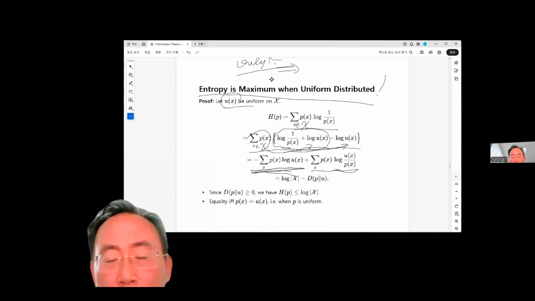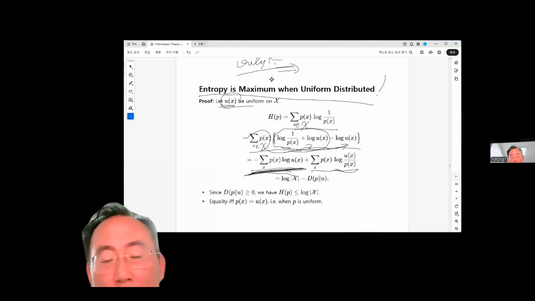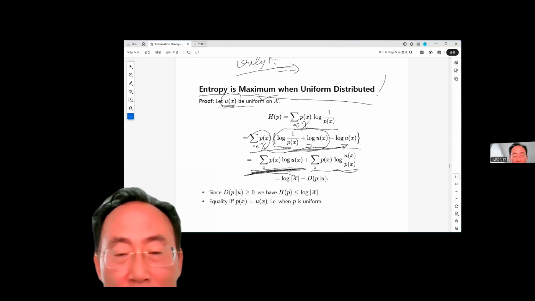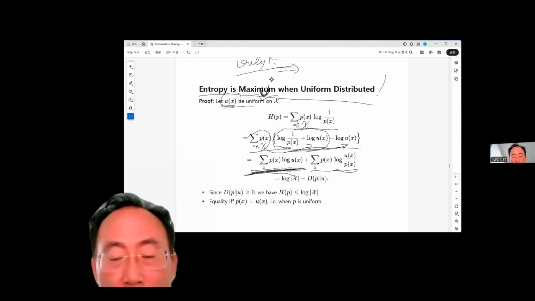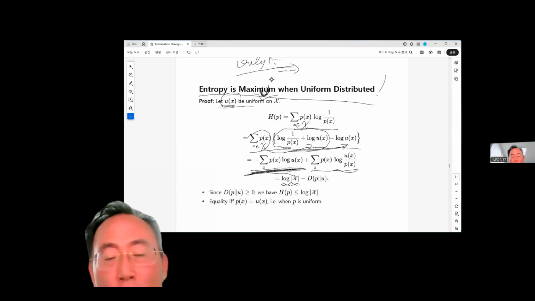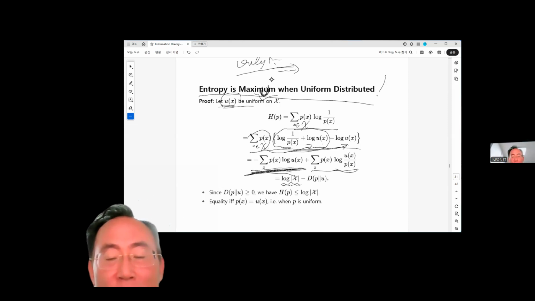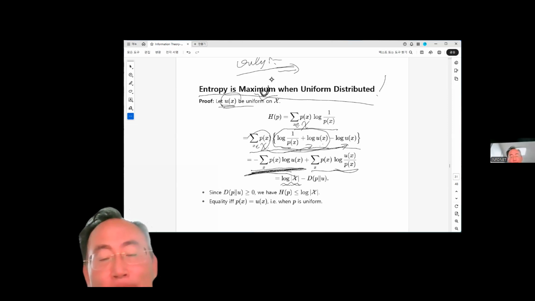What is this? U_X is uniform, so that is nothing but the entropy of the random variable U, which is uniformly distributed. So that is the log of the size of the alphabet.